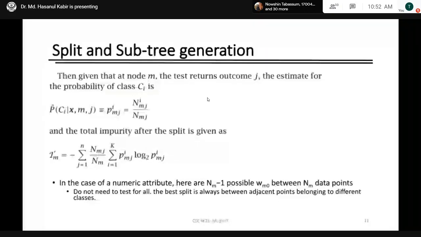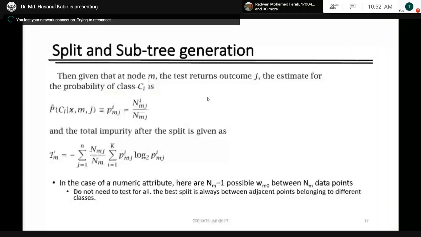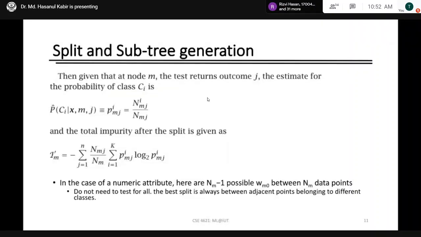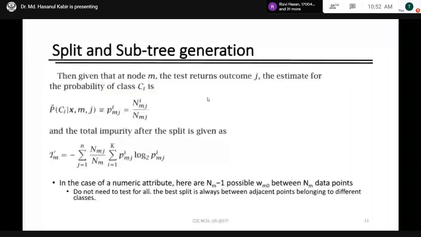Then what is the probability, that means if the humidity is high, of not playing golf? It is 1. Yes or no? Yes, sir.